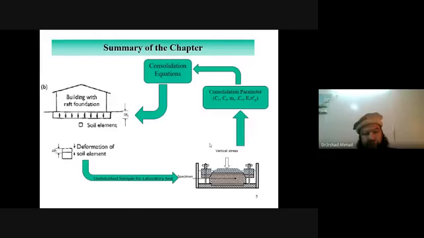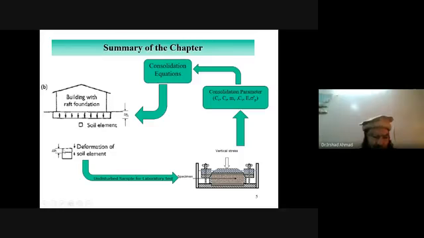You see, this is a building, right? This is a building, and below this building, there is saturated clay or silt, right? When the building load is imposed on the soil layer, there is compression of this soil, right?